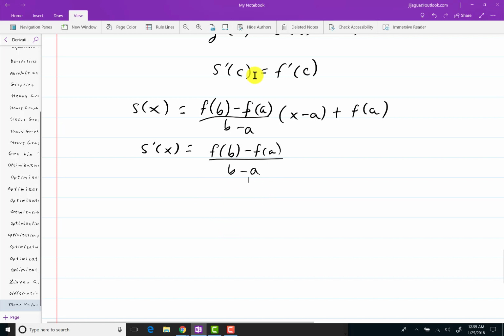Well, that's the same as f prime. S prime of x constantly equals this. Well, that means that s prime of c will also equal that. Well, and that equals f prime of c. And there you go.